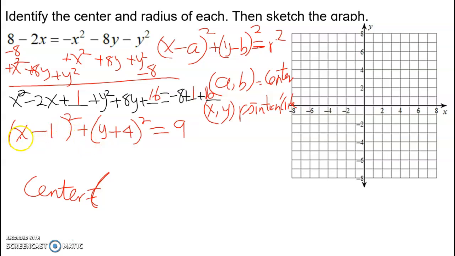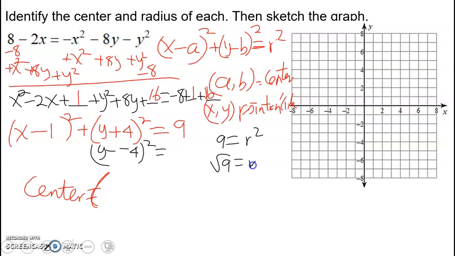So this one, look, the difference between x and 1, but this one is plus. What do we do to make it look like it, so we can tell what the center is? We write y minus negative 4. So it helps us see that this, 9, is equal to r squared. So what is r? We take the square root of 9, which is 3.